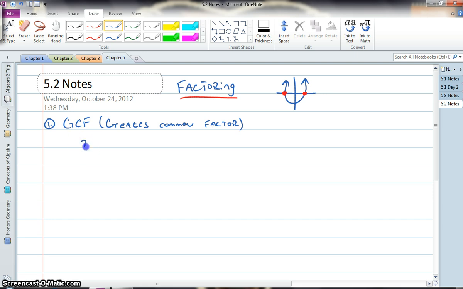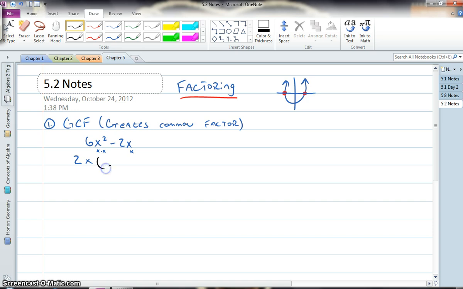So for instance, let's say we had 6x squared minus 2x. All right, and I said factor out a GCF. Well, 6 and 2 share what? The largest number that can come out of them both is 2. And then here I have 2 x's, x times x, and here I have 1. So they share 1x.